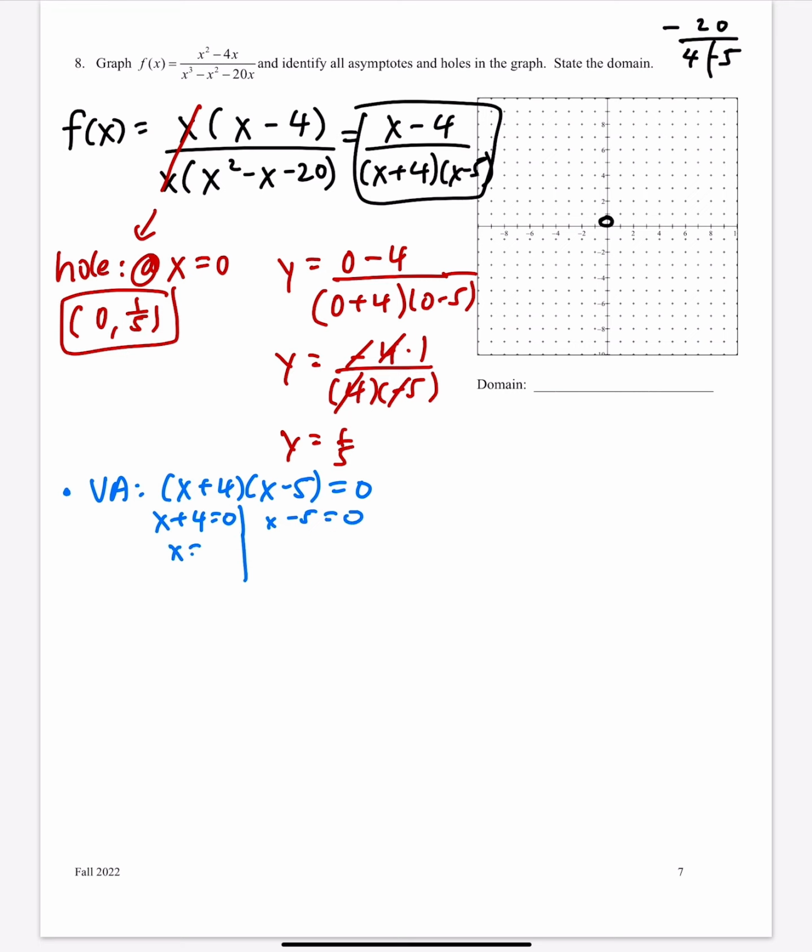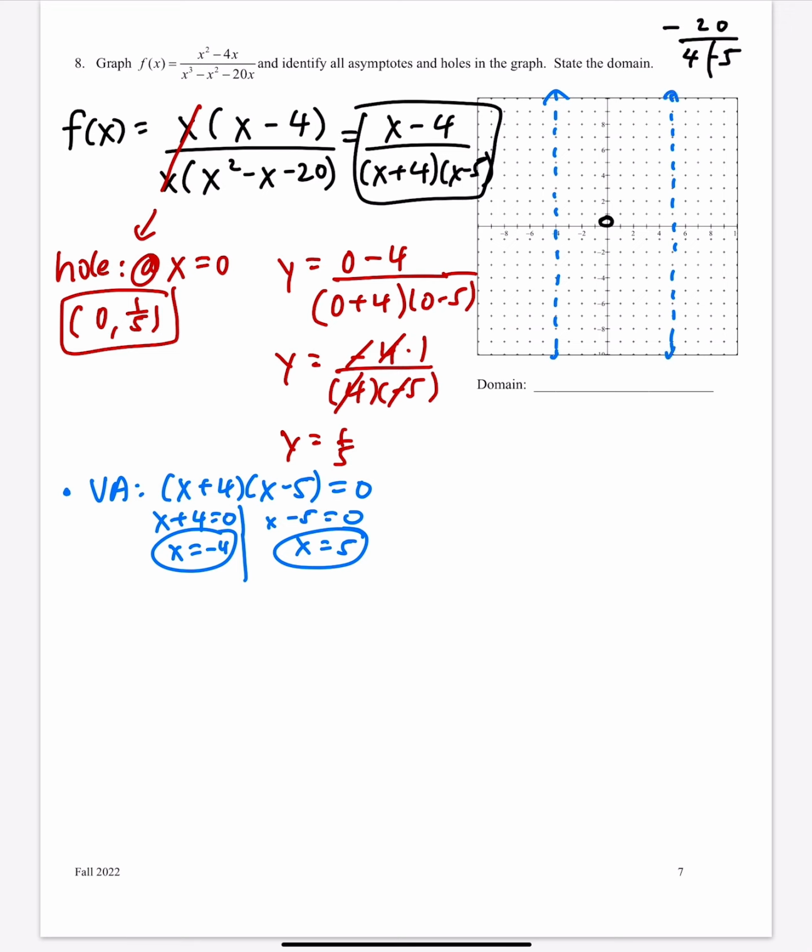I subtract 4 on this side, and then I add 5 on this side. So there's a vertical asymptote at negative 4. Let's draw that out. There's a vertical asymptote at negative 4, and there's the vertical asymptote here at 5. Bam.